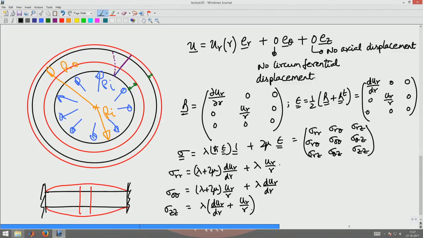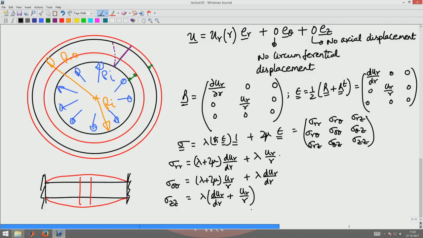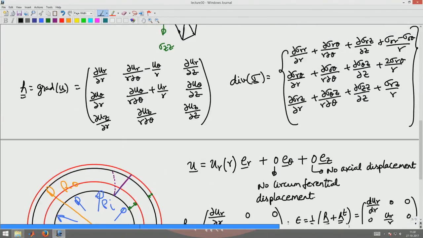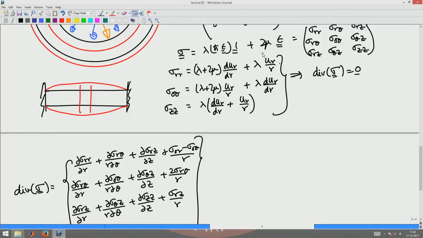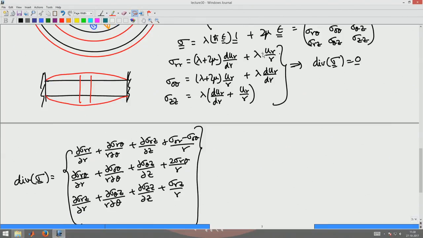Okay. Now, I substitute these expressions into divergence of sigma equal to 0. Divergence of sigma is given by the expression in here.